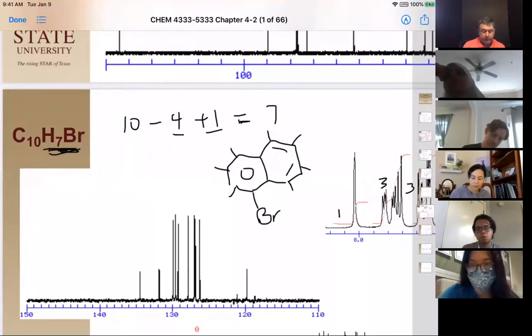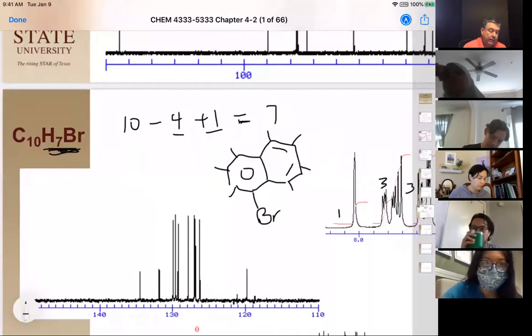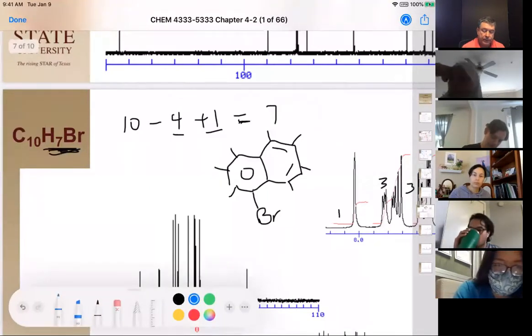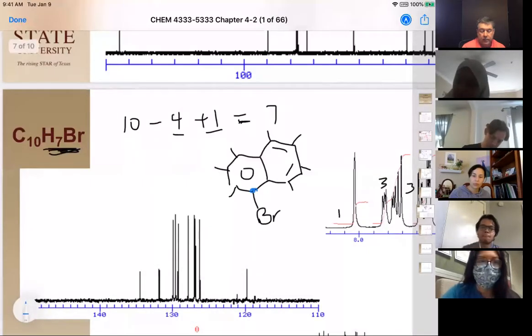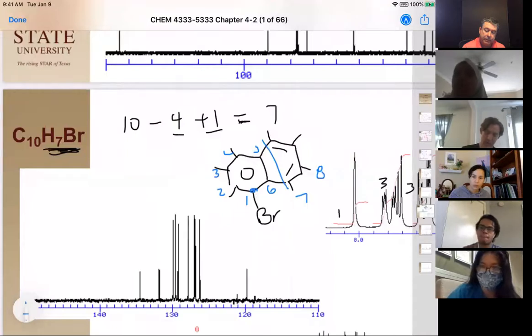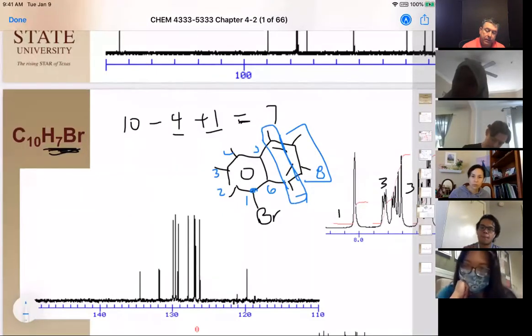And let's look at, if it was naphthalene, let's figure out how many different kinds of carbons we have. Assuming we have 1 bromine here, that's going to give us 1, 2, 3, 4, 5, 6, 7, 8. These might be the same carbons right here.